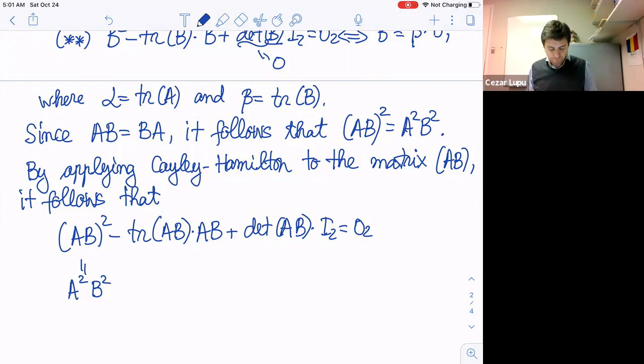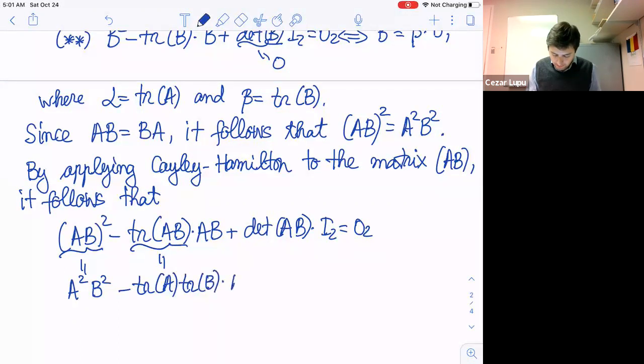And also we know that trace of AB is the same as trace of A times trace of B, times AB, plus, and the determinant is multiplicative, so this is determinant of A times determinant of B times the identity.